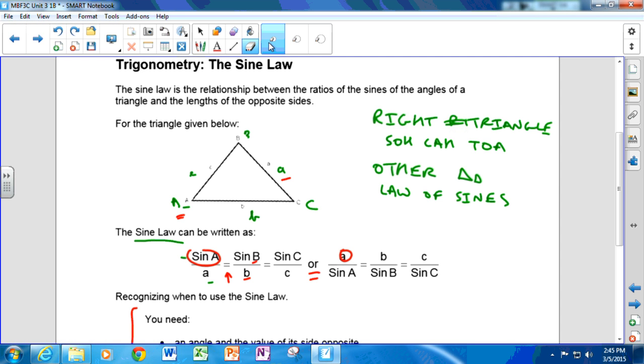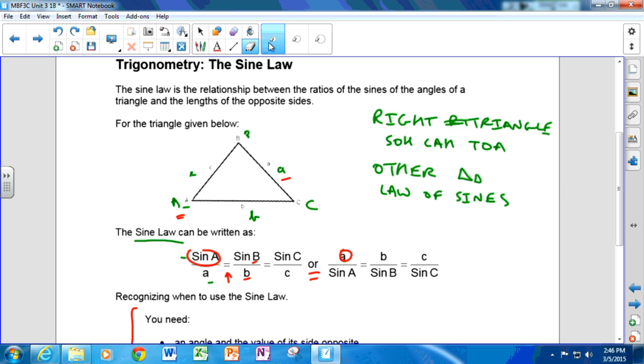Now, the sine law is pretty straightforward. It's just ratios of the sine with the opposite sides, right? So the sine of a particular angle divided by the length of the side opposite is equal to the sine of the other angles divided by the length of their opposites. It's just a fundamental law of triangles, the same as the interior angles all summing to 180 degrees.